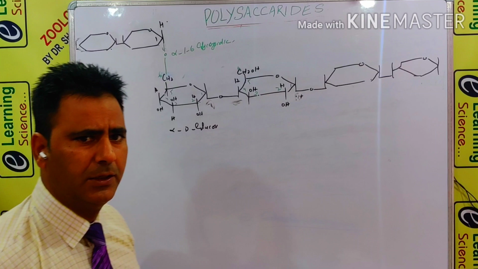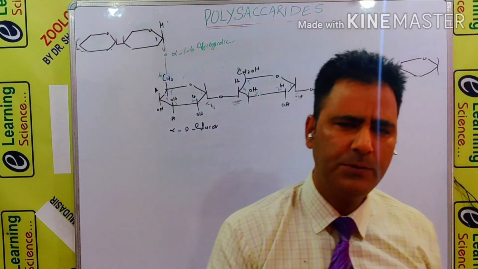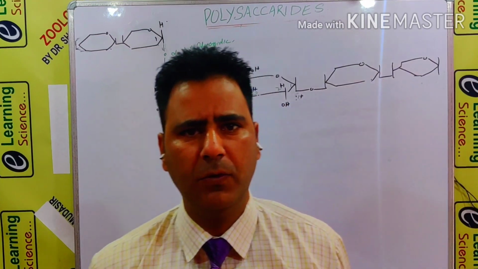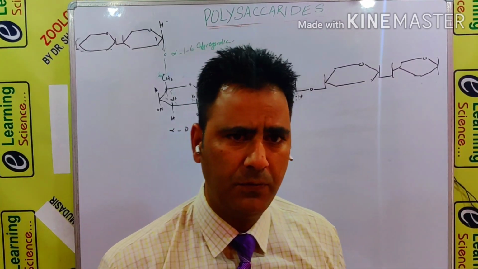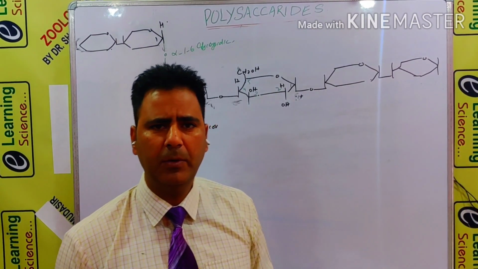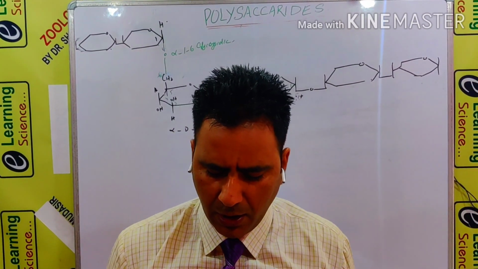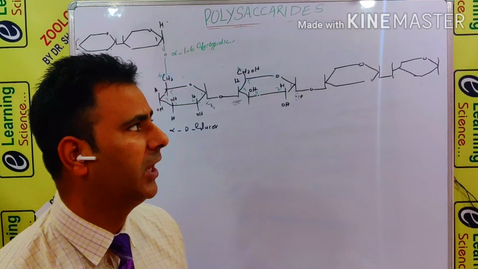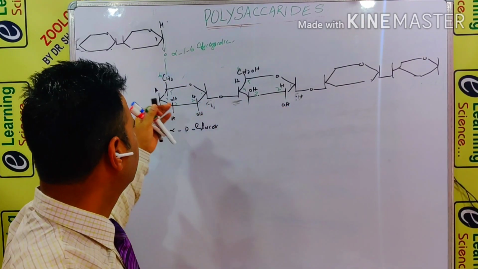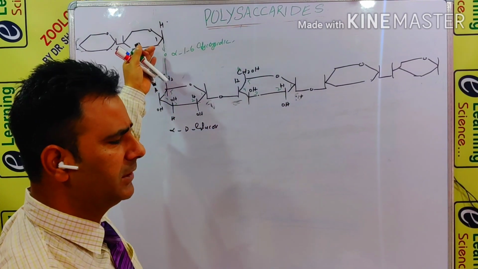In amylopectin, you will get branch points as well, and the branch point is alpha-1,6, which you will find in the long chain of amylose after 24 to 30 residues of these monosaccharides. For example, if it is here, branching is here.